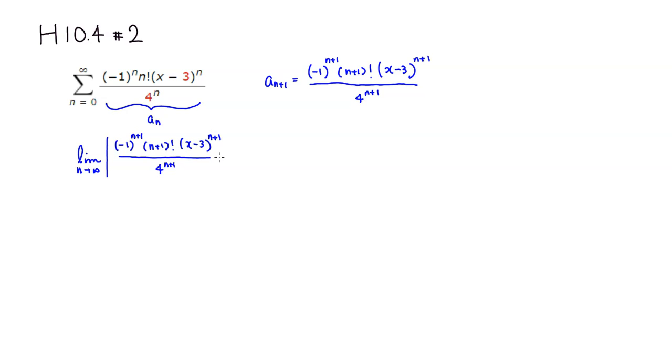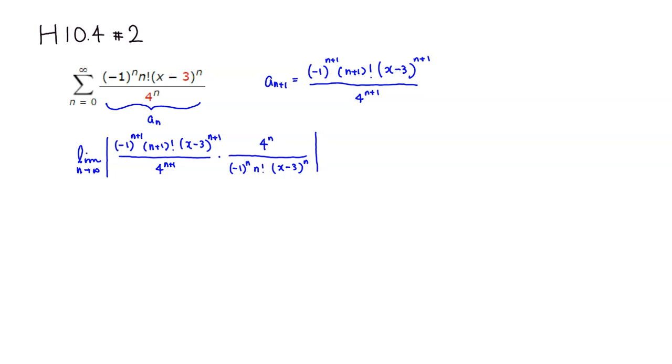Then over a_n, so we just put the reciprocal of that. You have a 4^n on top. Then we put (-1)^n, n factorial, and then the quantity (x minus 3)^n, right?